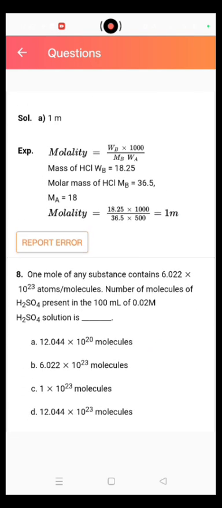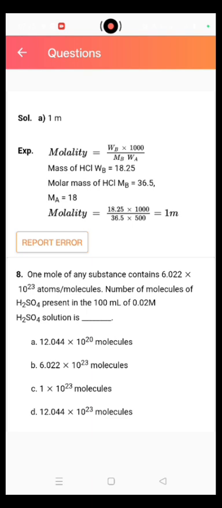Next. 1 mole of any substance contains 6.022 into 10 to the 23 atoms or molecules. Number of molecules of H2SO4 present in 100 ml of 0.02 molar H2SO4 solution is? See, 1 mole is equal to 6.022 into 10 raised to 23. 0.02 molar, not molality, molar. Okay, 0.02 molar solution is equal to 0.02 into 6.022 into 10 raised to 23.